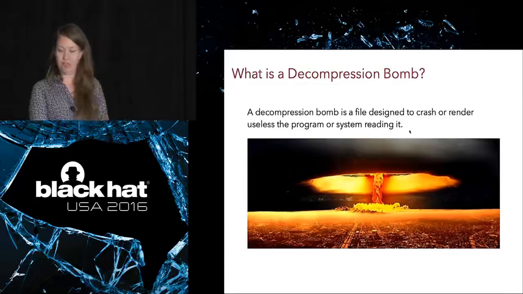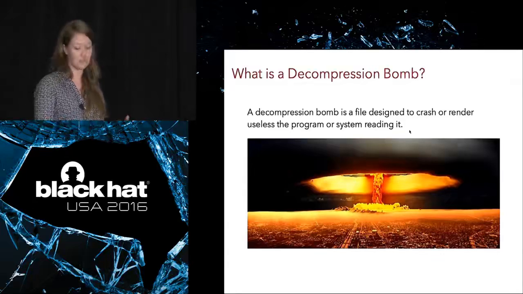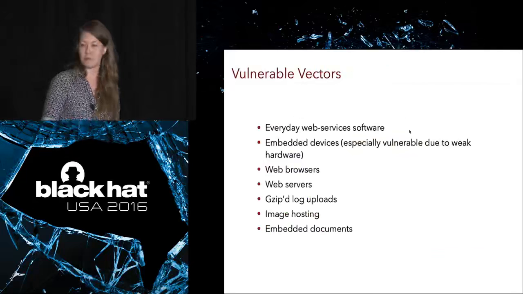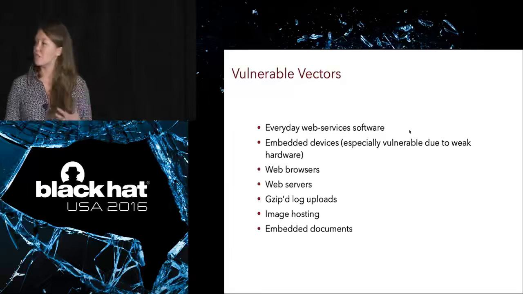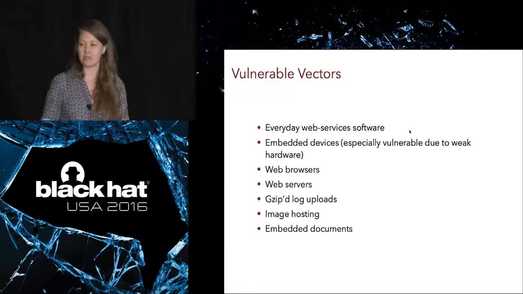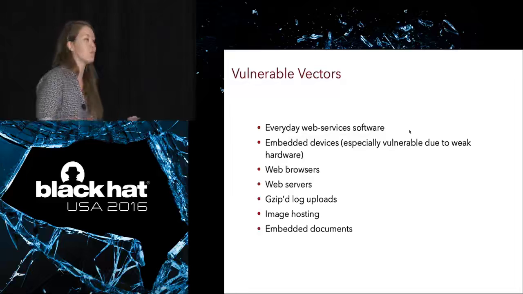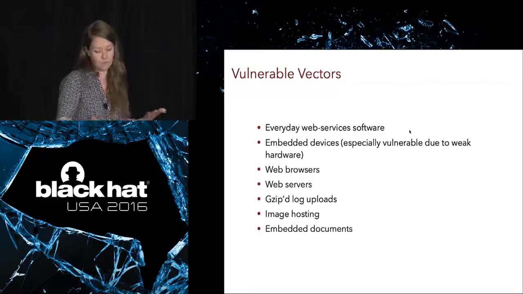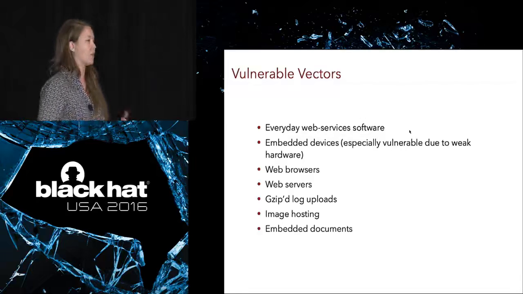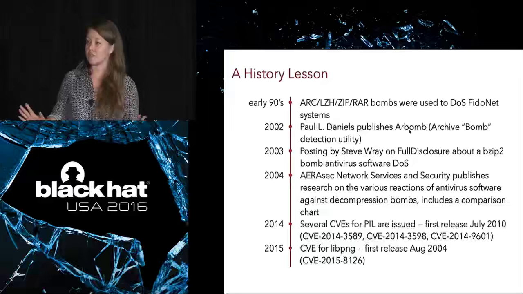It's not sexy, it's not new, but it can be highly effective against various systems. So you're going to see these most in use with web services, web applications, web browsers, web clients, but also embedded devices can be particularly vulnerable to this type of exploit, mainly because there's usually a lot of weak hardware supporting it. All right, so just a brief history lesson.